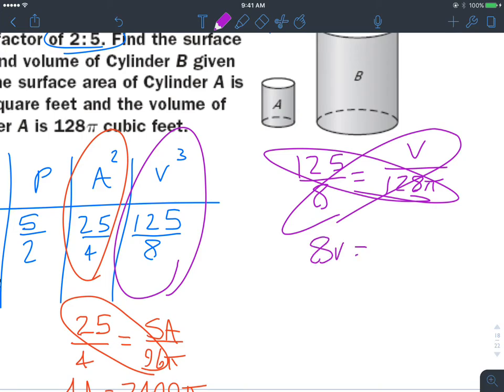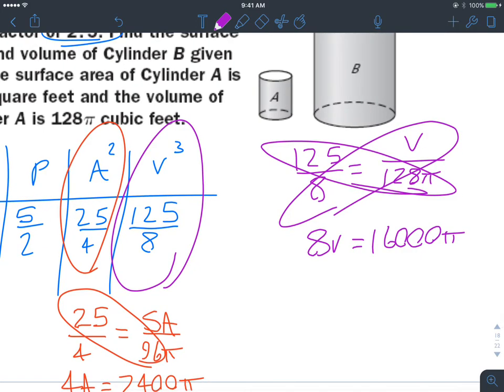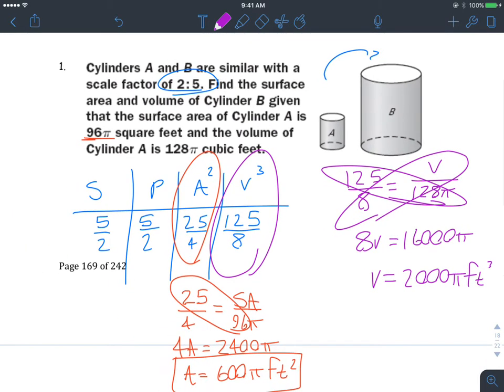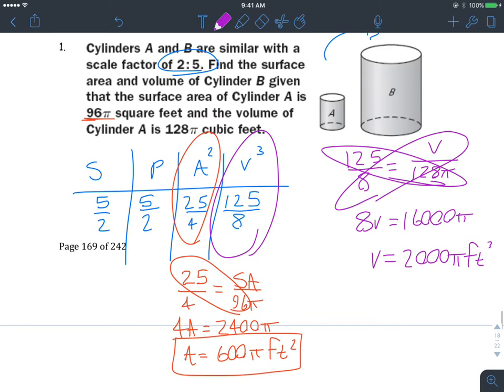That'll get you 8V equals 16,000 pi. And then remember, don't multiply by pi, keep pi in your answer. And then we'll divide both sides by 8, and you get 2,000 pi feet cubed. And that's how you find your missing surface areas and volumes.